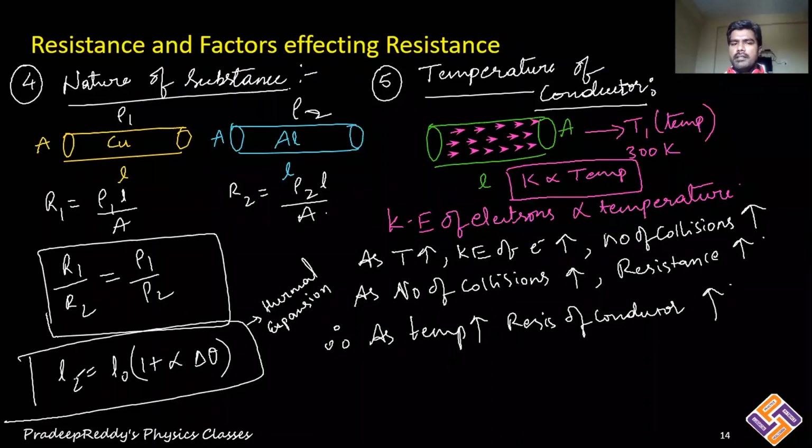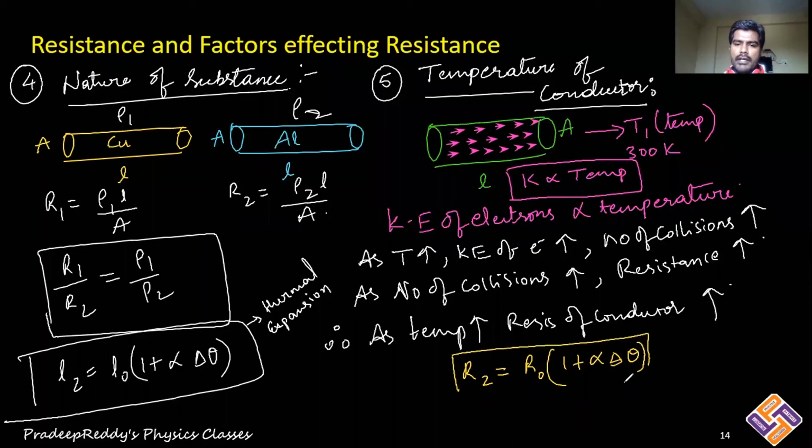Final length of the conductor is equal to initial length into 1 plus alpha delta theta, where alpha is coefficient of linear expansion. In the same way, here also you can write resistance as R2 is equal to R naught into 1 plus alpha into delta theta.